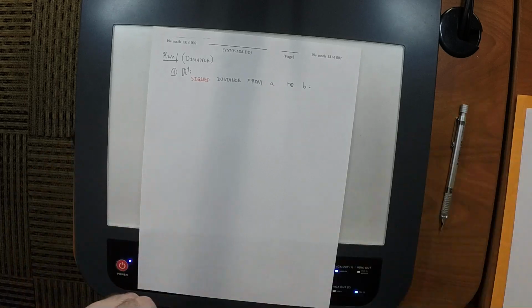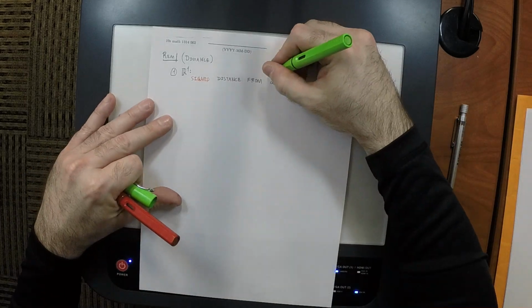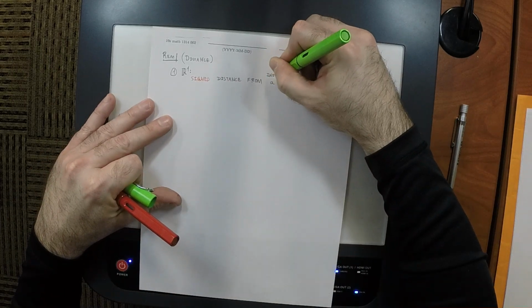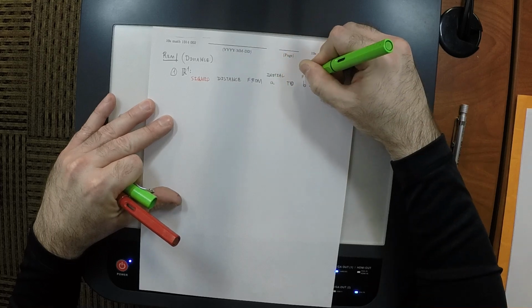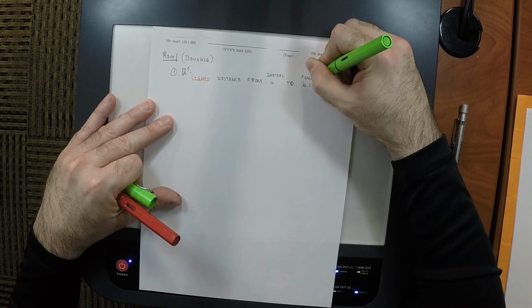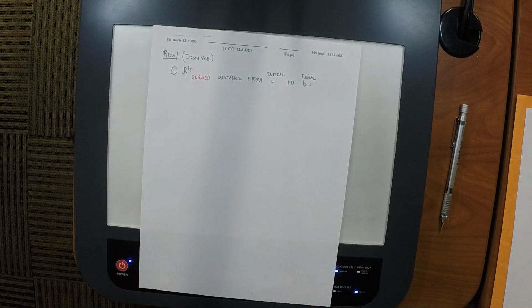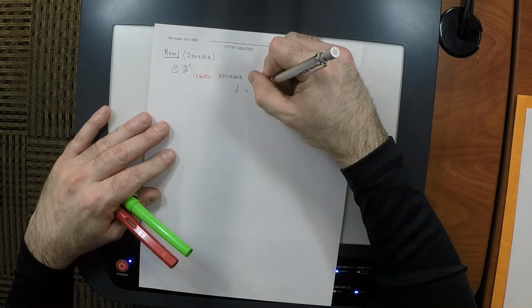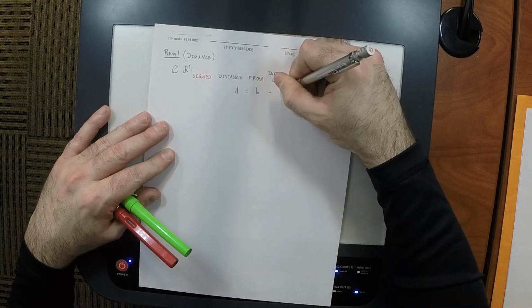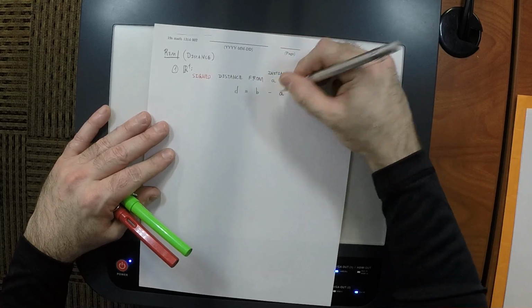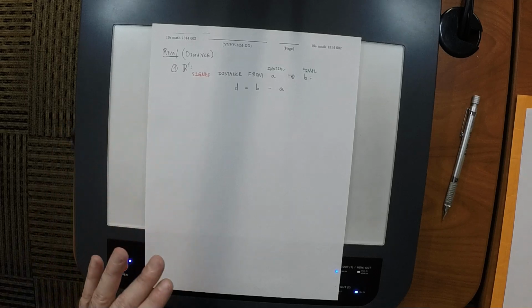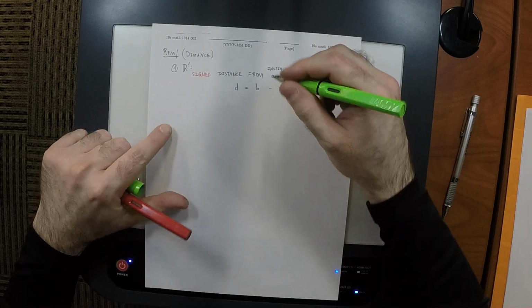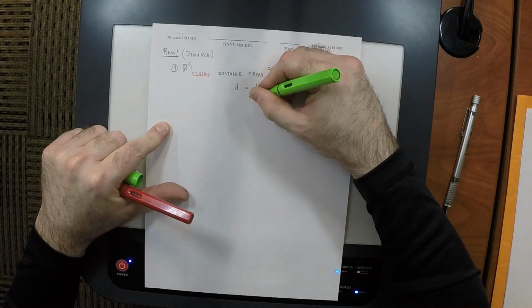And very often this is referred to as the initial point, and this the final point. The formula is D is B minus A. And in English, that's very often said final minus initial.